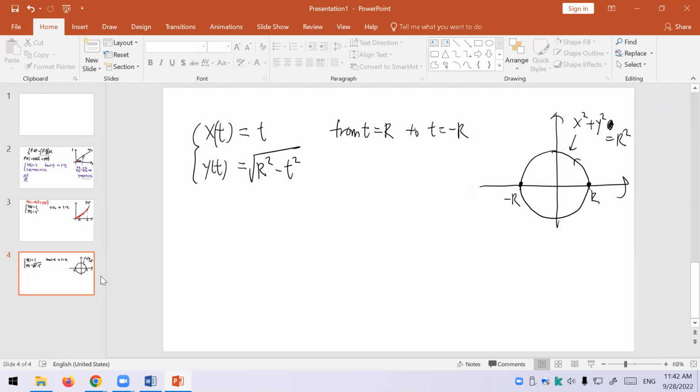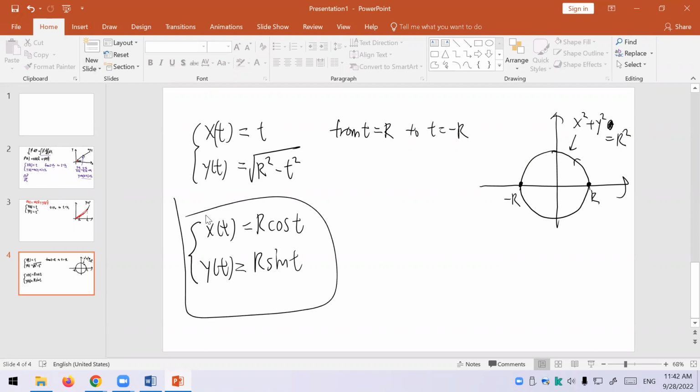Following the same idea from the last case, this is something that you can do totally all right. But you will probably find that it is more convenient to do the parameterization like this. This is usually how we take care of a circle.